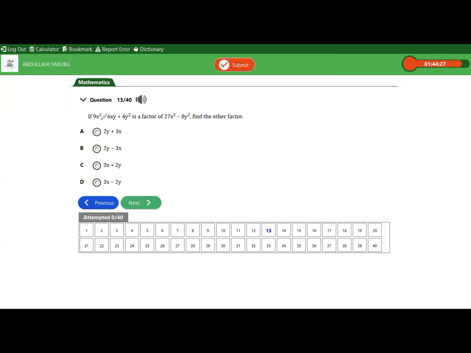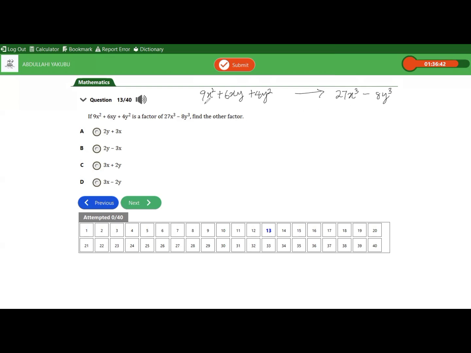The next question says 9x squared plus 6xy plus 4y squared is a factor of 27x raised to power 3 minus 8y raised to power 3.